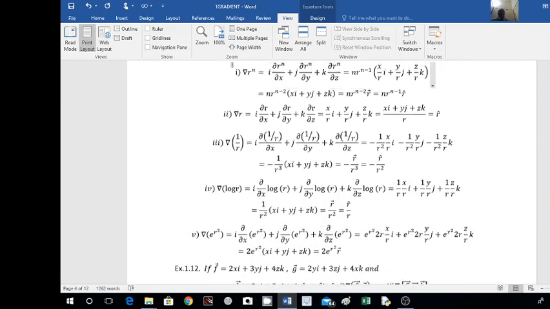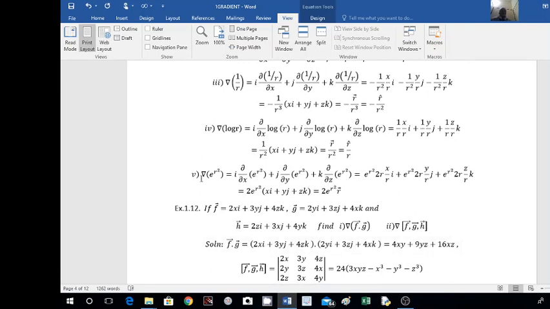Similarly, we can find del of e power of r square. i dou by dou x of e raised to r square plus j dou by dou y of e raised to r square plus k dou by dou z of e raised to r square. The derivative of e raised to r square is e raised to r square into the derivative of r square, which is 2r, into the derivative of r, which is x by r.